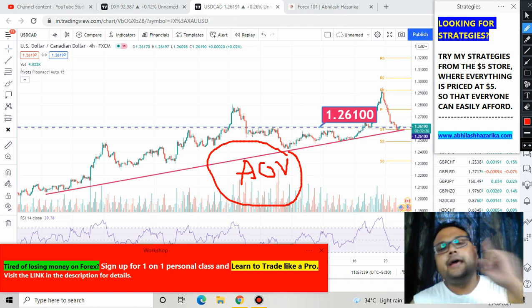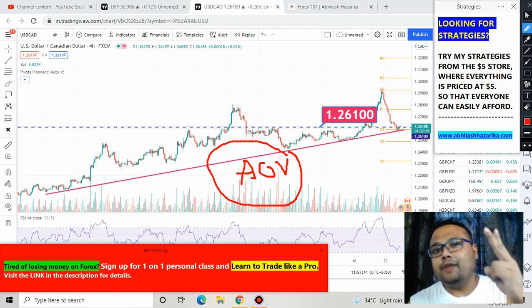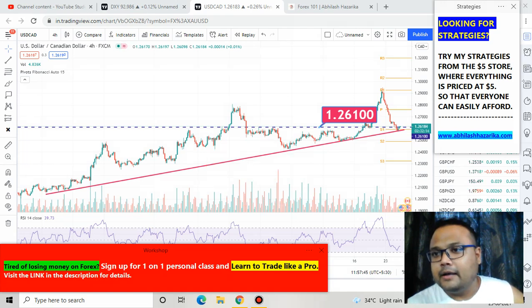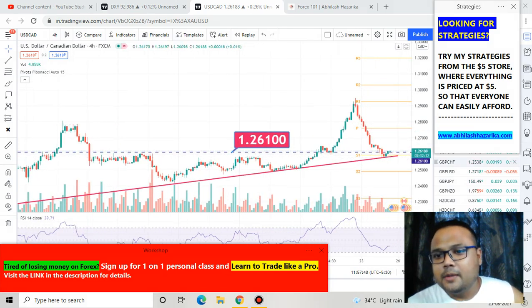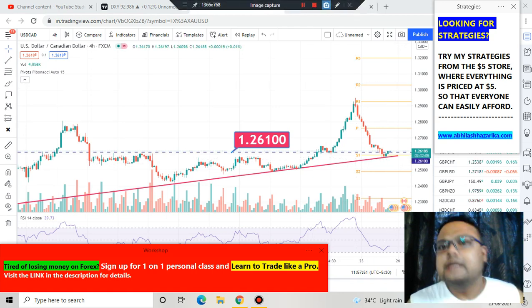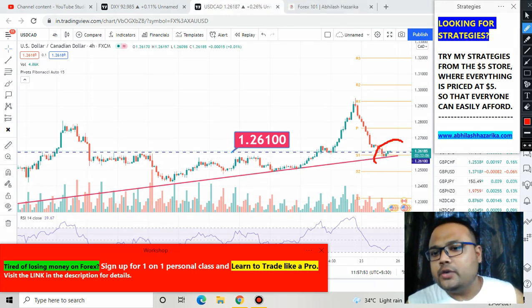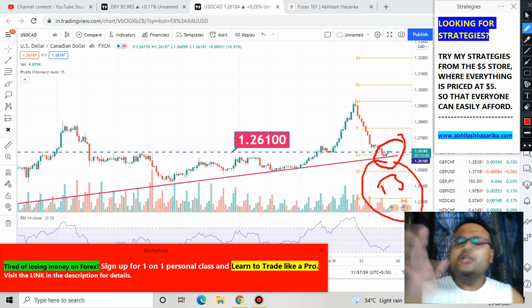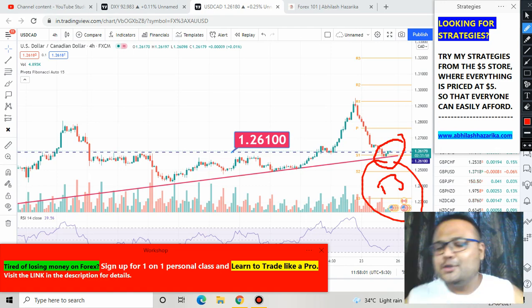So we have the trend of the market and we have the area of value as well, which is the trend line. And as we can see right now, the market is just standing above the trend line. So yes, the market is in a very sweet spot right now to go for a buy order. And there are a few other conditions also that I would love to discuss, so stay tuned.